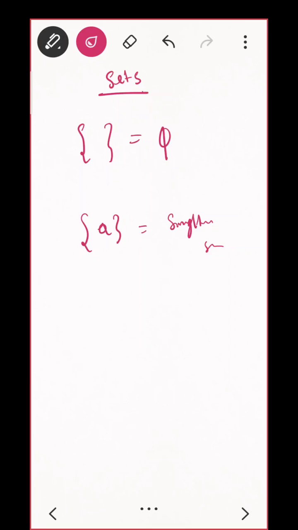Good. Okay. There are two ways to write the set. What are those two ways? Can you tell me? Okay, roster form. Other, set builder.